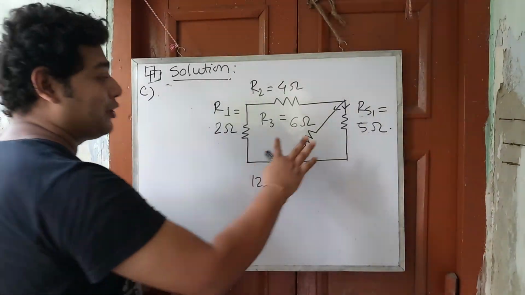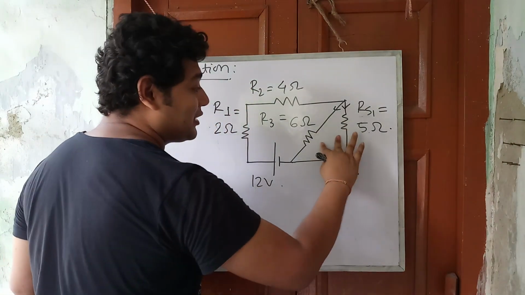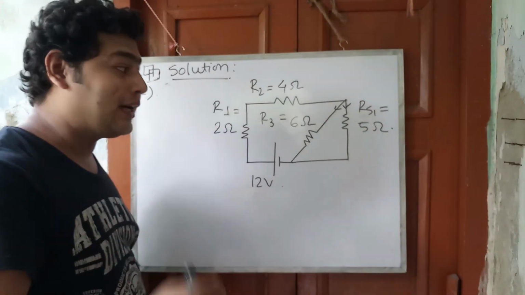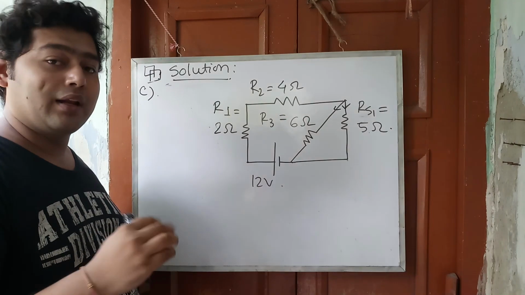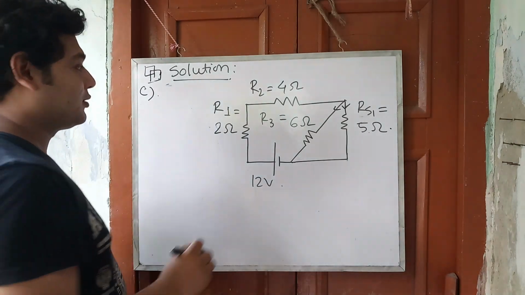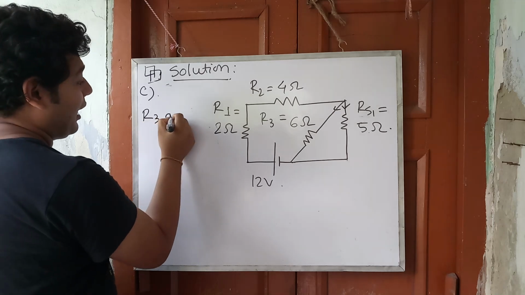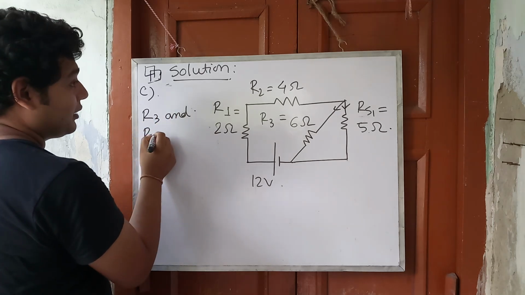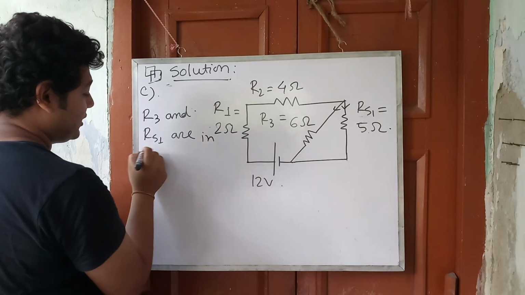So we need to calculate the equivalent resistance for these two resistances by using the laws of parallel connection. So we can write R3 and Rs1 are in parallel.